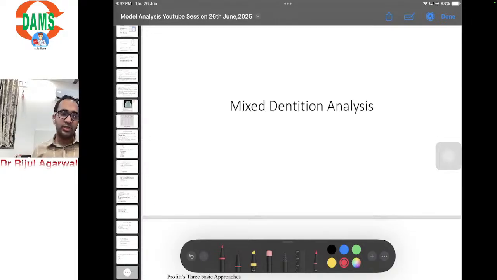Traditionally, mixed dentition analysis is done to assess whether there will be sufficient space for the eruption of permanent canines and premolars, that is 3, 4 and 5, when C, D, E are exfoliated, as their succedaneous teeth are the permanent canines and premolars. That is the only reason for which mixed dentition analysis is done.